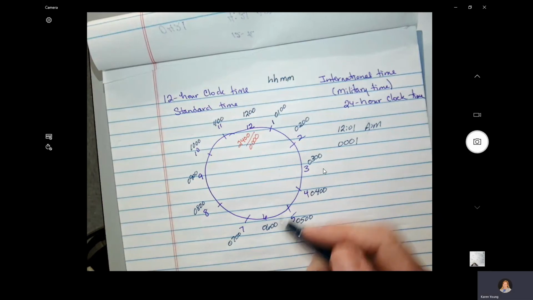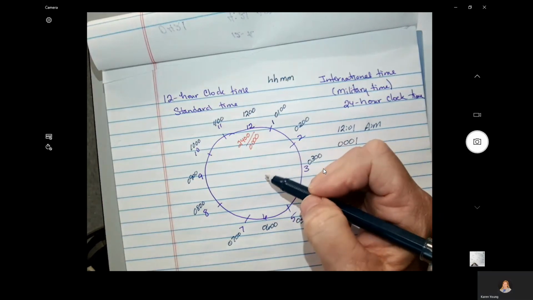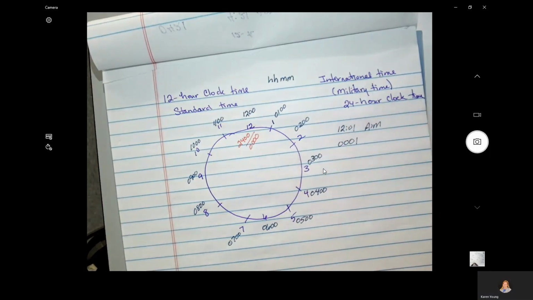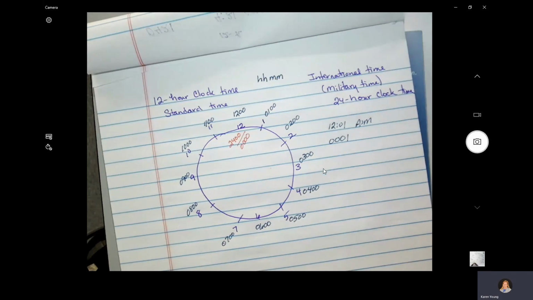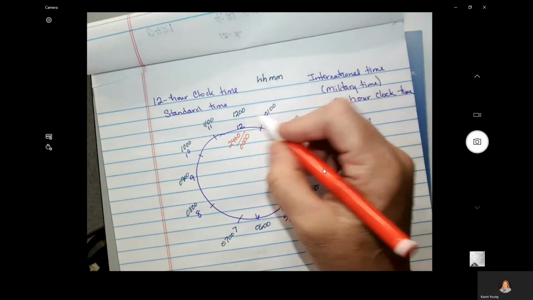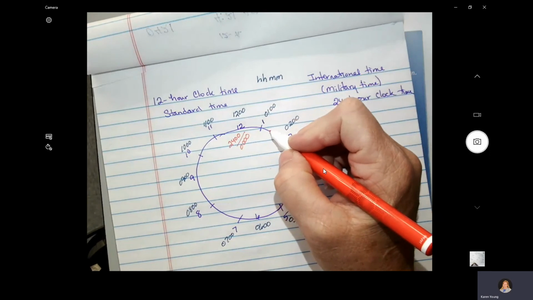If I wanted 12:30, I write 1230. Then after lunch, 1 p.m., I add 12 to my number.